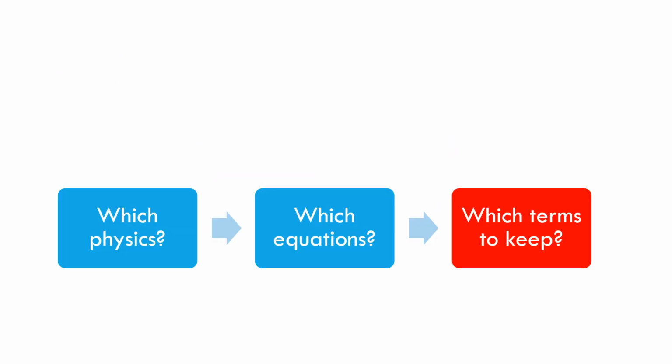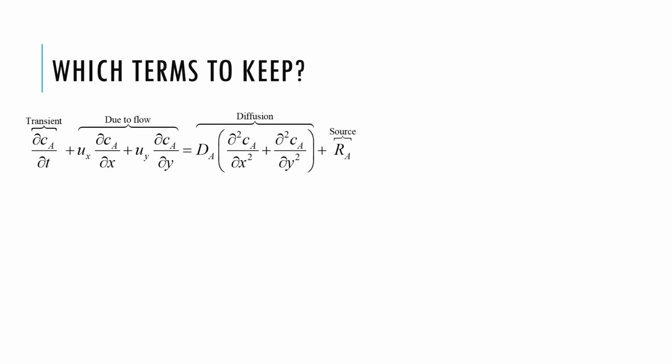So far, we have been talking about the overall physics and the framework that gives the general sets of equations for that physics. It is now time to get into the details of these equations and which terms to keep, meaning which physics to keep more details of inside these equations. Choosing a framework gives us the general set of equations. We still have to customize it for our process.